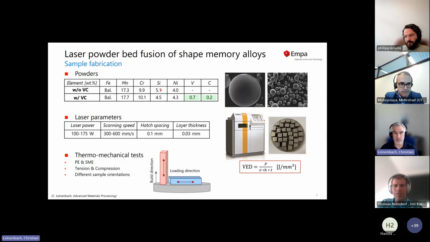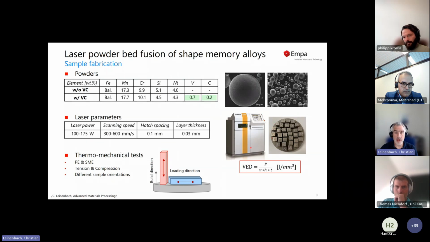They are basically the same composition, except that one variant contains some vanadium and carbon for the formation of vanadium carbides upon an aging heat treatment, which does not only strengthen the material, but improves the shape memory properties. It facilitates the martensite transformation in our alloy. So here you can see a bit also what the powder looks like.